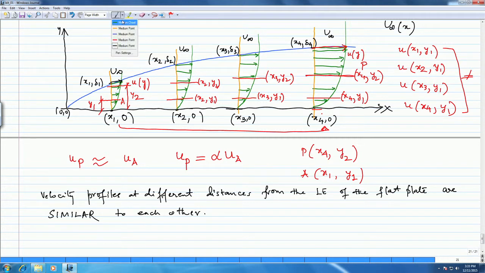This word is very important here. So we are going to use this kind of understanding.